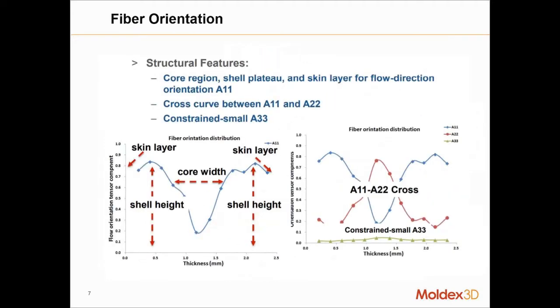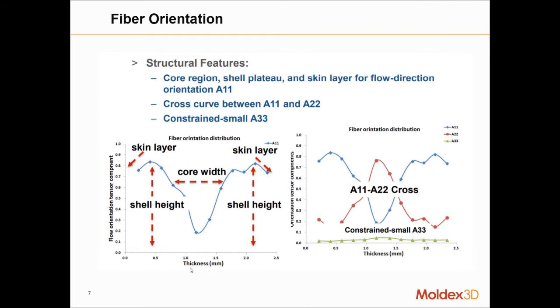Now, when it comes to fiber orientation specifically, when we study fiber orientation, we need to be able to visualize what's happening through the thickness of the part. And this is your typical primary direction, or your typical A11 direction, as we call it. The contour of this plot allows you to visualize in general what's happening through the thickness of your part.